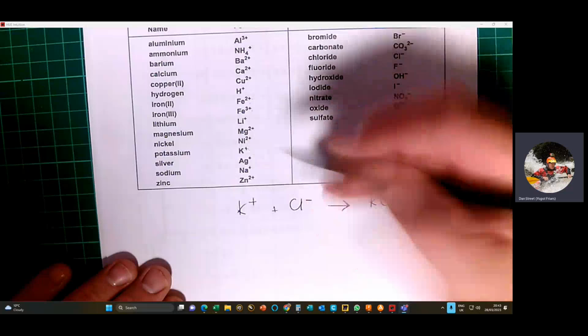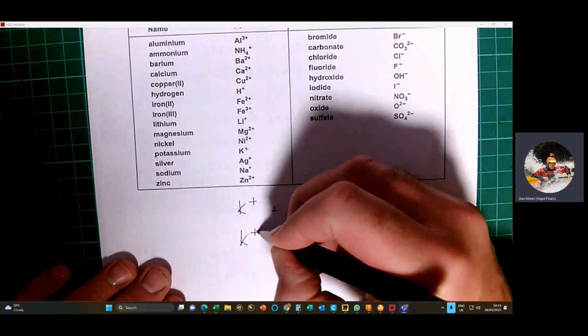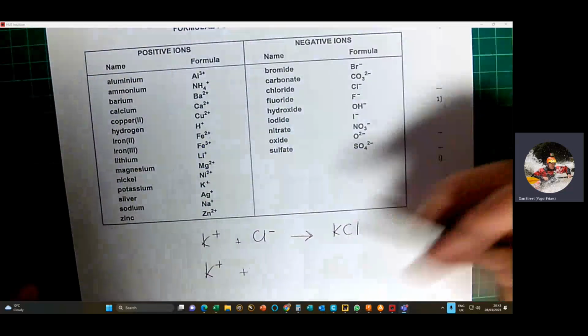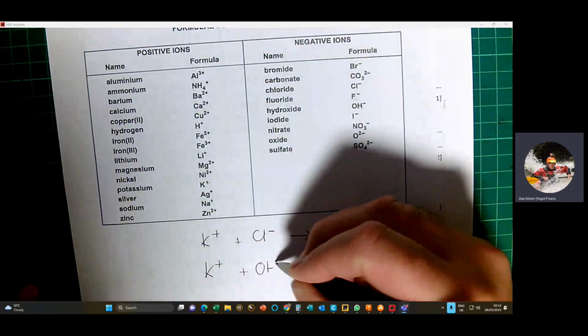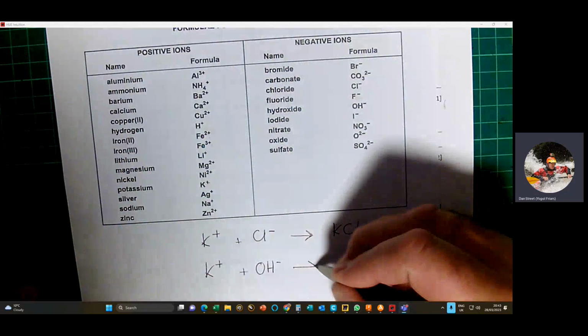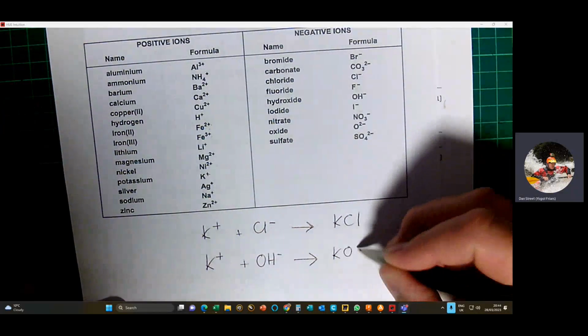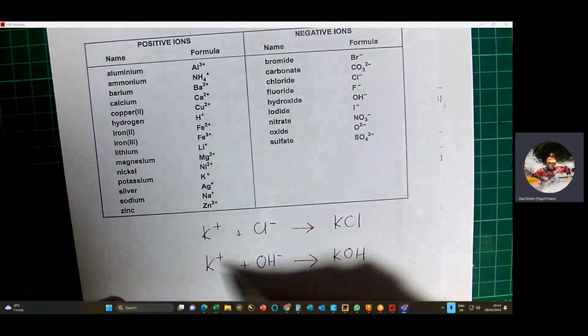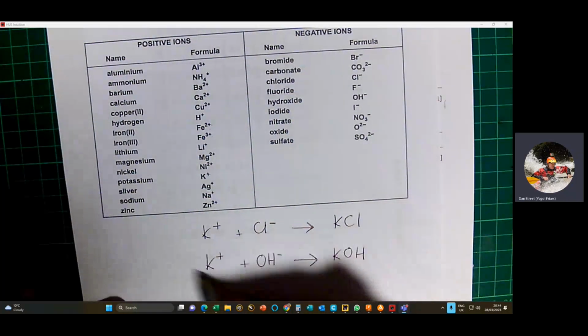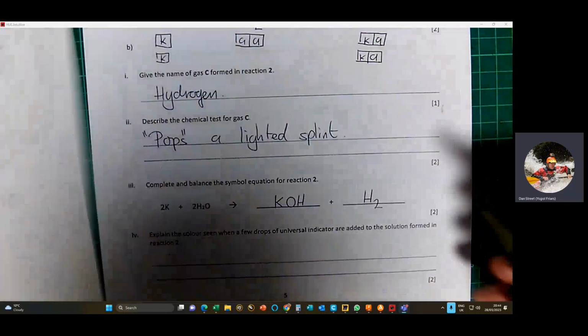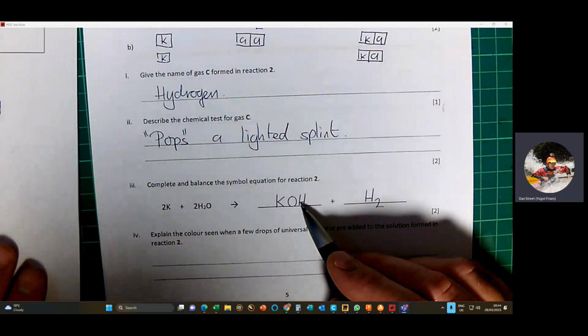We rediscover that potassium is K+, as we've already seen, and that hydroxide is OH-, okay, which makes life a lot easier because once again, this gives us the formula KOH. The positive and the negative cancel each other out. So it's a simple formula of KOH. So this formula here is correct.